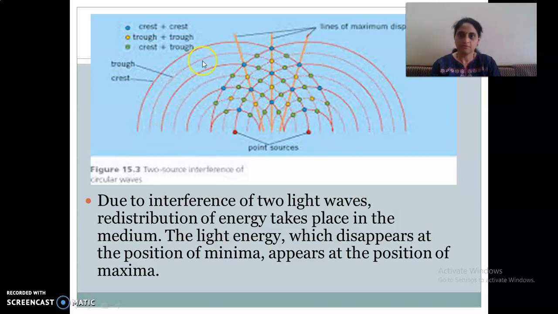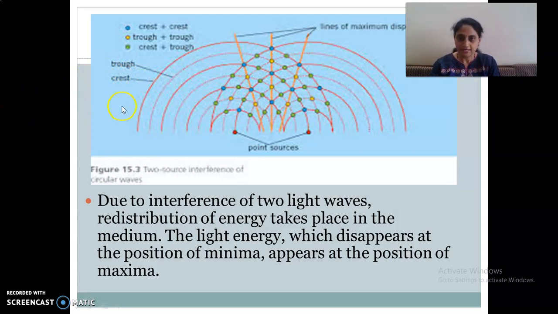This normal line overlaps with this normal line, meaning crest overlaps with crest. At that time, maximum intensity of light is there, meaning maximum displacement is there. So that is constructive interference.